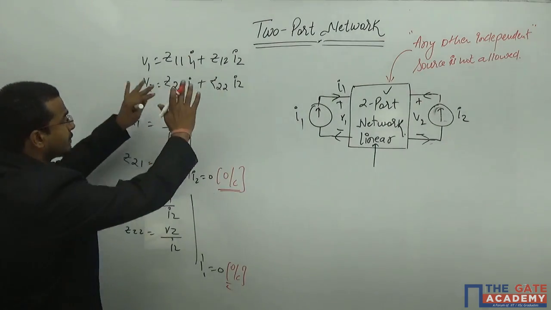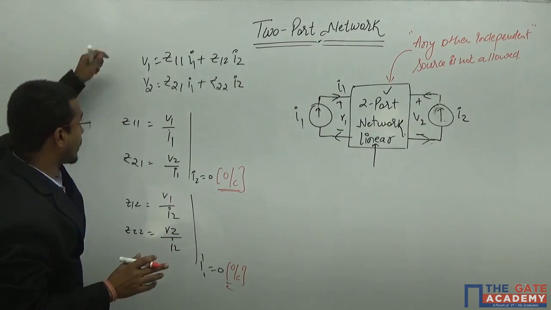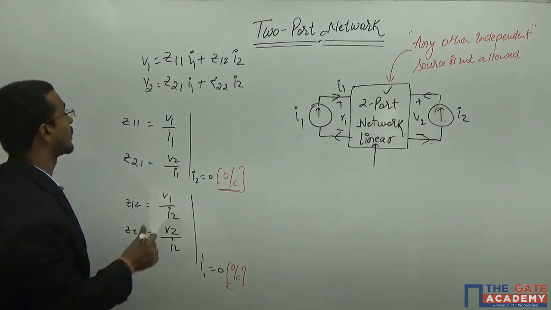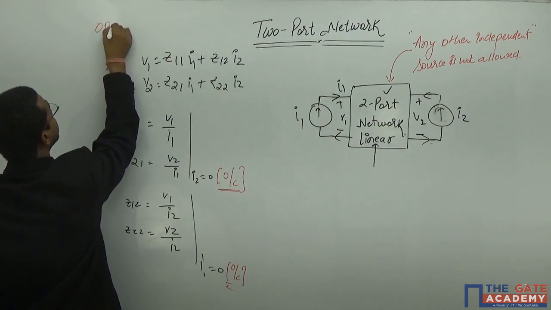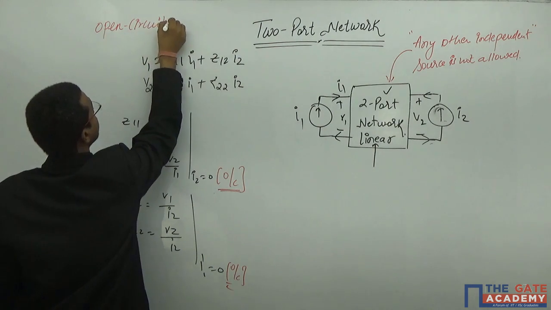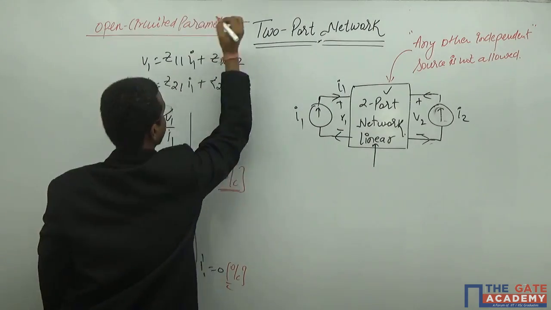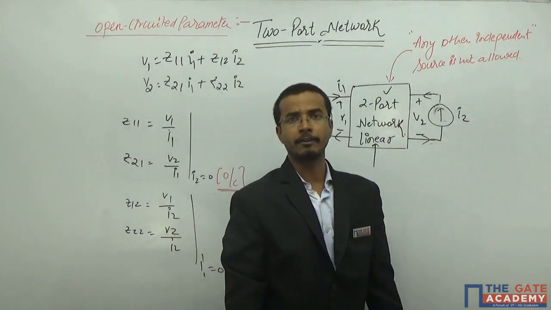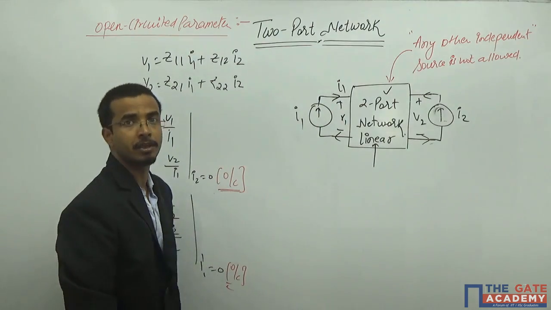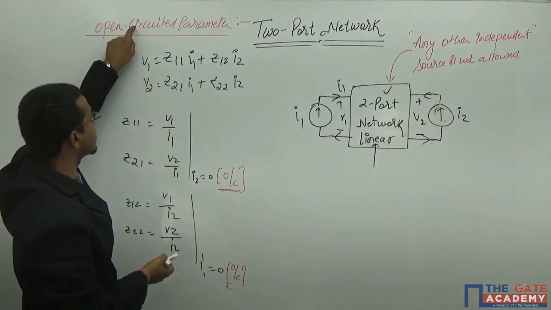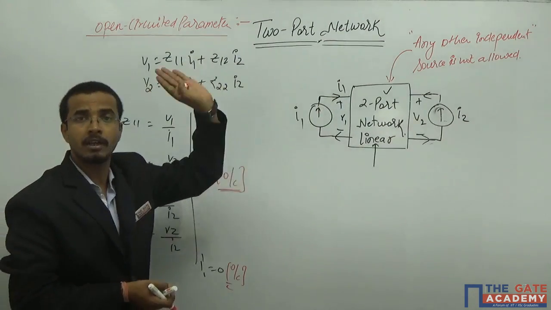That is why this particular arrangement and whatever the 4 parameters you are getting, the constant values, is known as the open circuit parameter, where the I1 and I2 are my independent variables and V1 and V2 are my dependent variables. And if you are doing such an arrangement, that means you are calculating the open circuit parameter in this particular network.